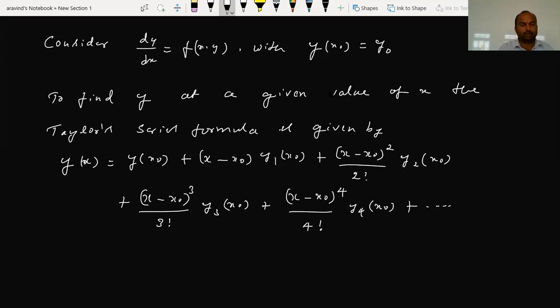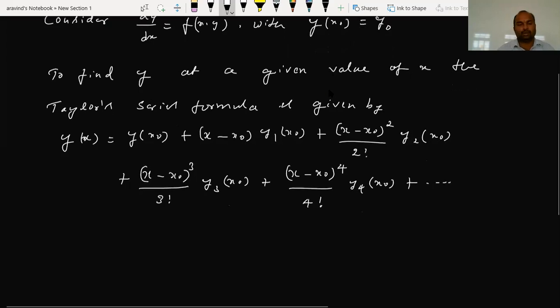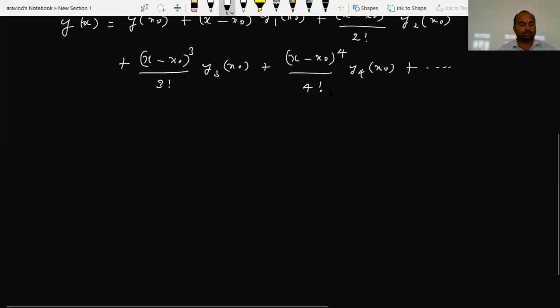So how to solve a differential equation using the Taylor series method.